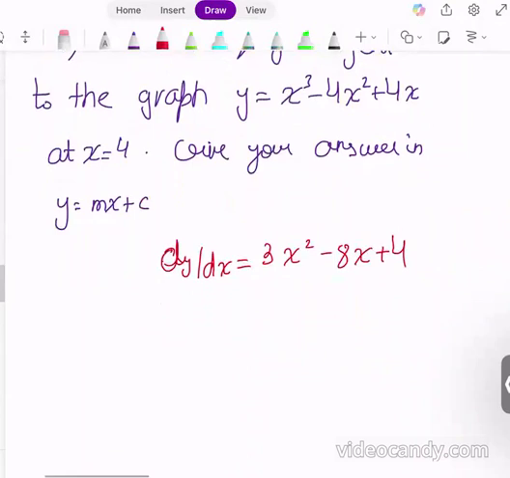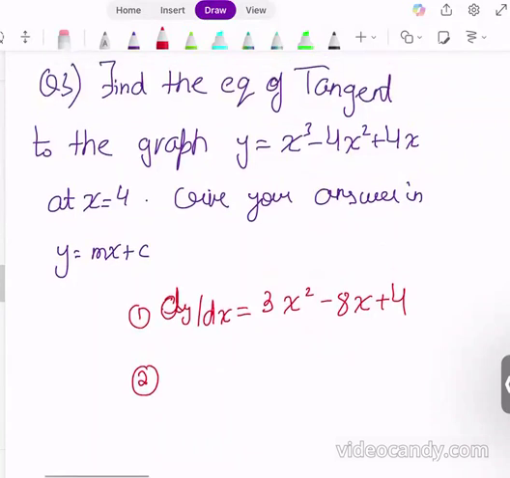Now, what is the next step? So step number 1, we need to find the gradient. How can we find the gradient?